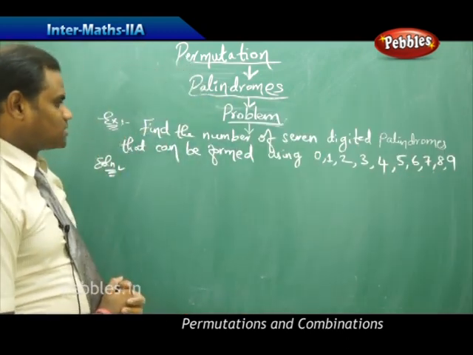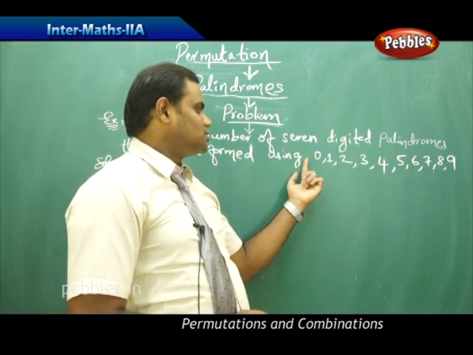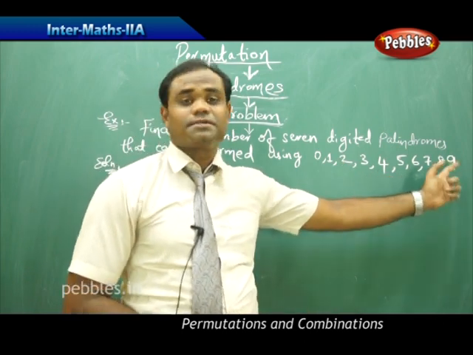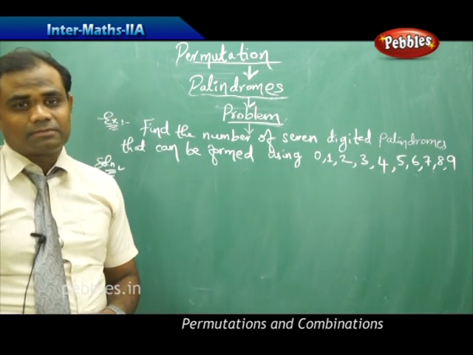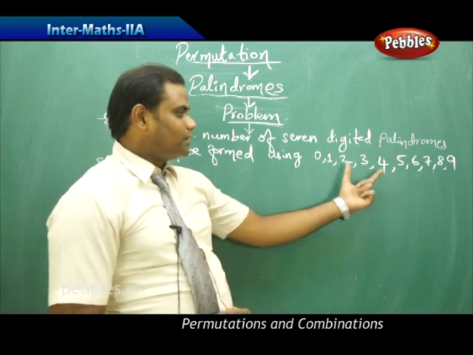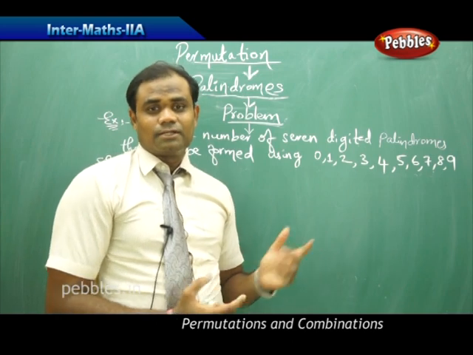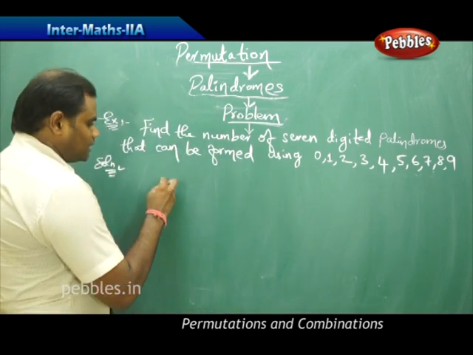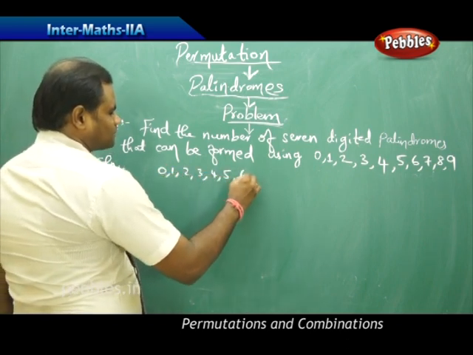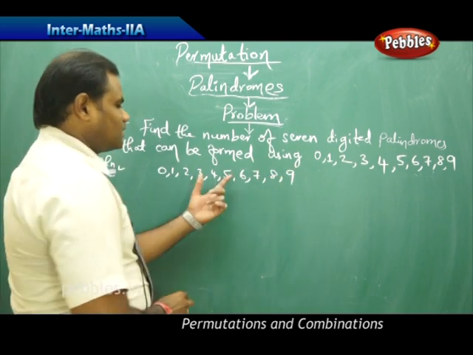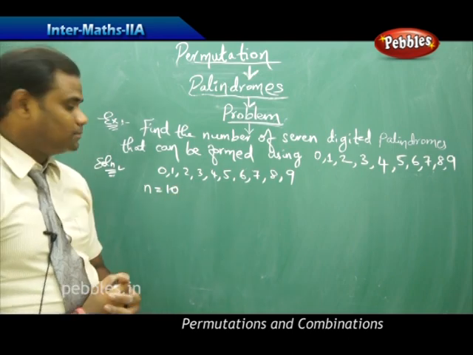Now here the question says: find the number of 7-digit palindromes that can be formed using the digits 0, 1, 2, 3, 4, 5, 6, 7, 8, 9. So the question is purely based on finding the number of palindromes that can be constructed by taking 10 objects and selecting 7-digit numbers out of them. Clearly there are totally 10 digits.